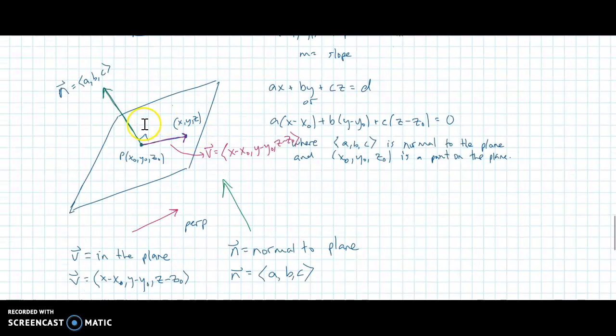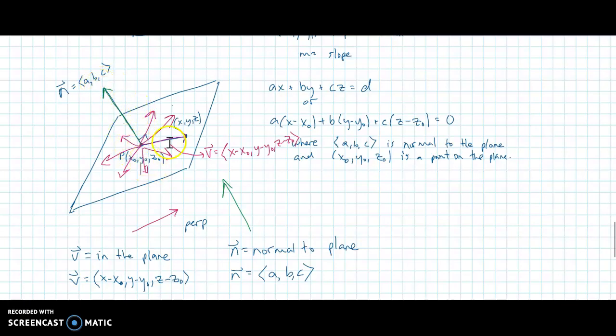Why is that? Go back to all of these guys. I'll redraw them. All of these vectors within the plane, imagine them spiraling out like the spokes on a bicycle wheel. All of those vectors are going to be perpendicular to this vector. It's like the spokes on a bicycle and then the axle that the bike spins around.